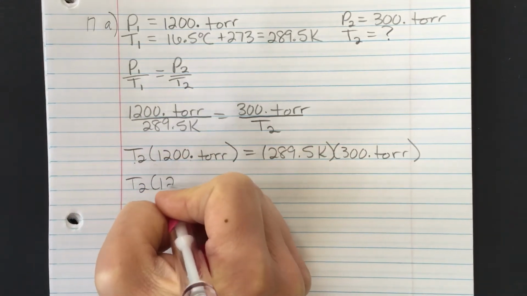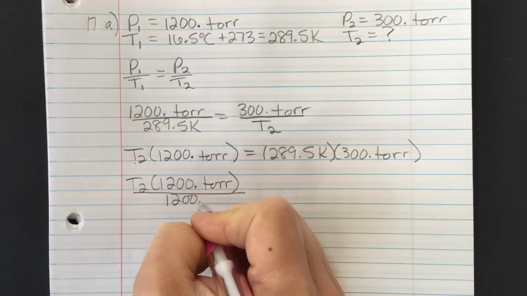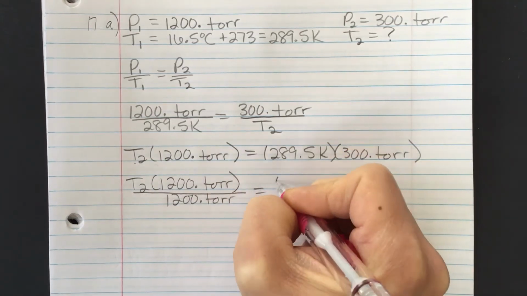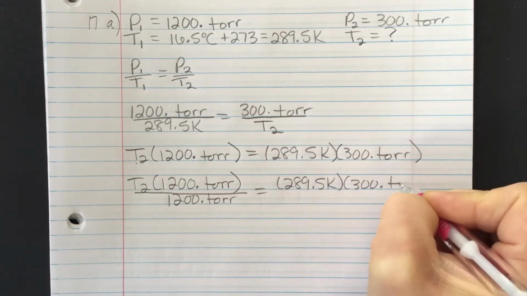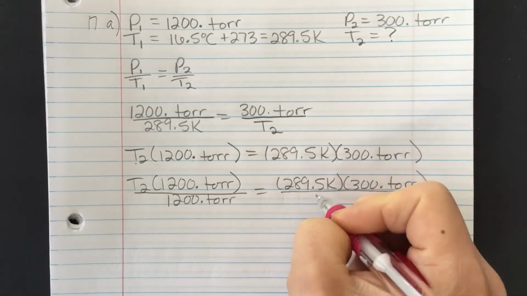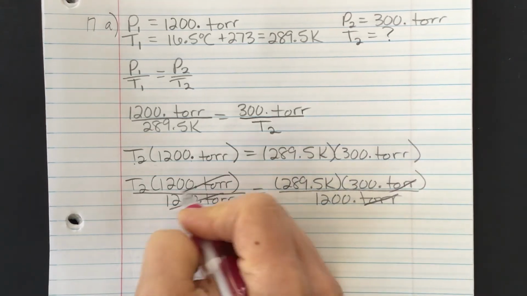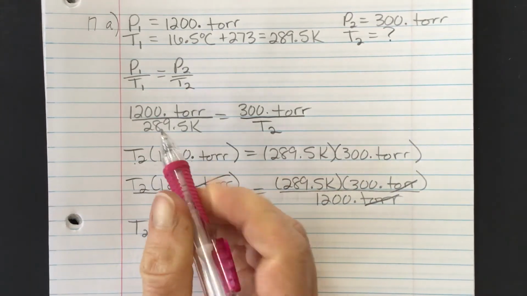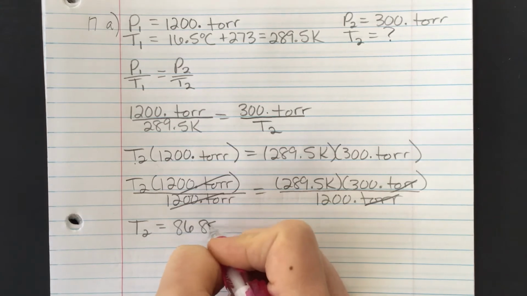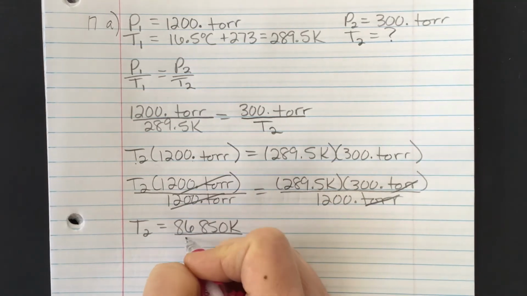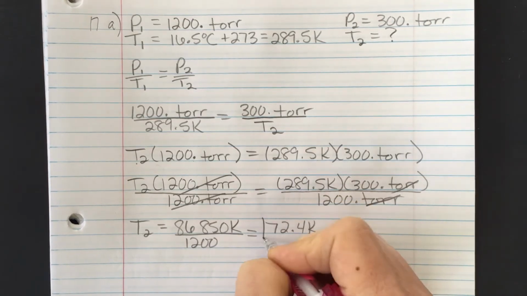So T2 equals 6,850K over 1200. When we do the division, it's 72.4K.